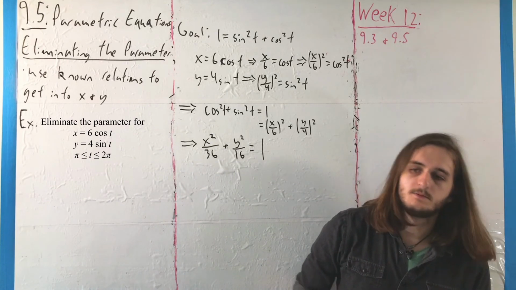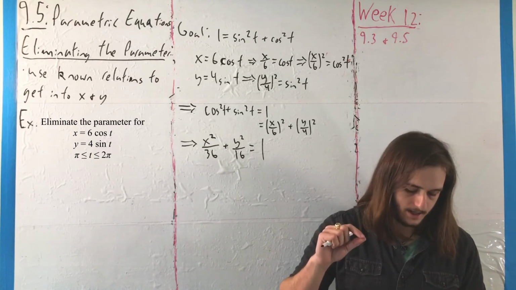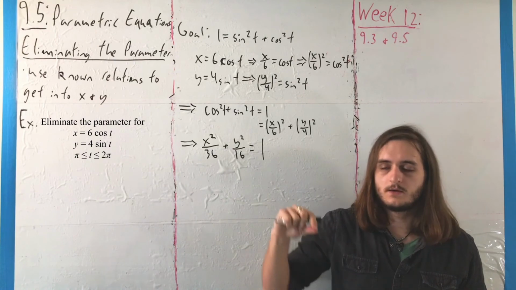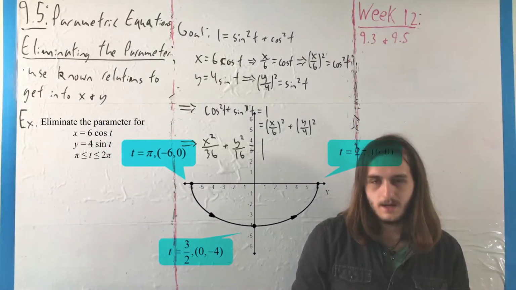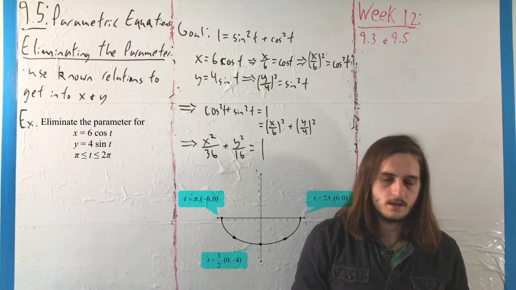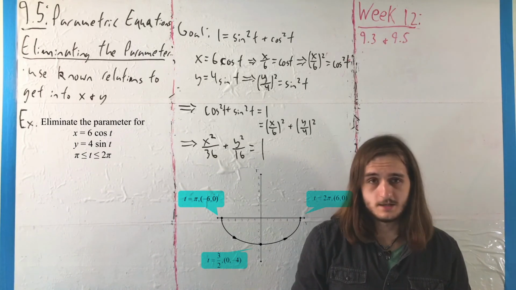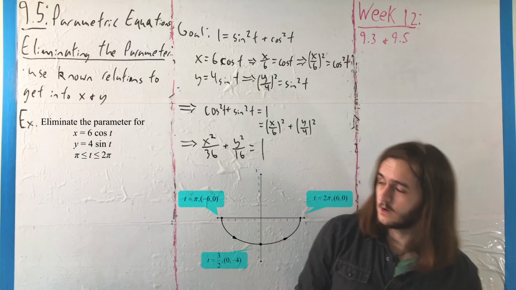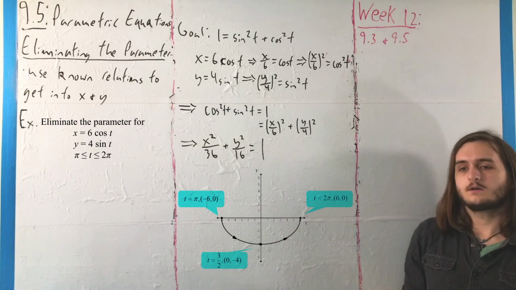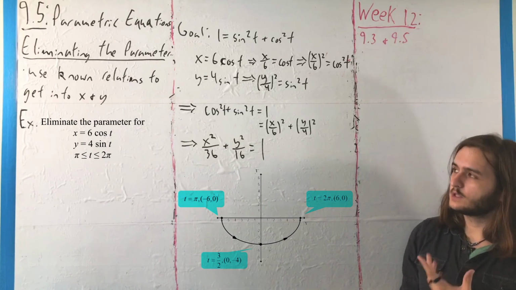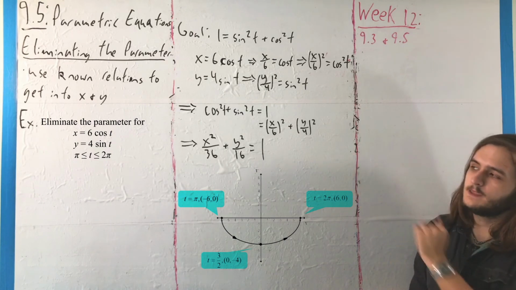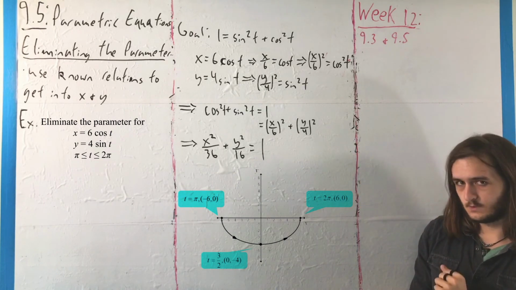In this case, because we are going from pi to 2 pi, you can think of what we're doing here as graphing the bottom half of that ellipse along that path for t. Again, it's important there to understand the direction and, in a sense, speed, as it were, that we're flowing along in this graph in terms of that equation, which is a little bit cleaner if we look at it in terms of x and y.